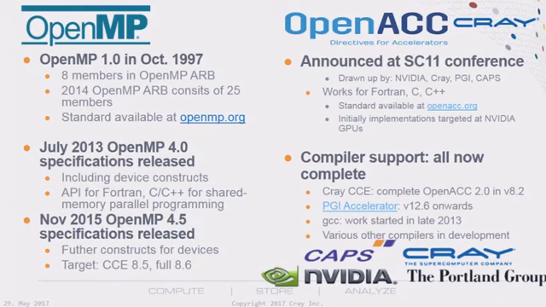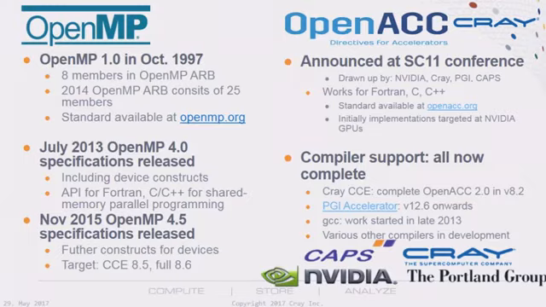A short history. OpenMP with the first host parallelization was released in 1997, and then the device construct was implemented in OpenMP 4 in 2013, which then got full support within the Cray CC compiler in 2016.